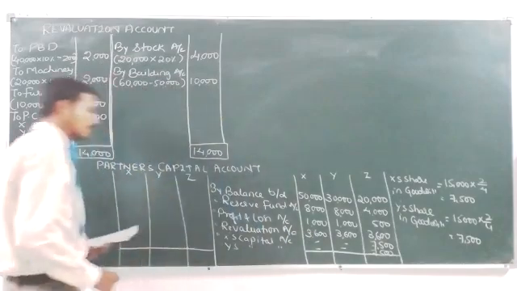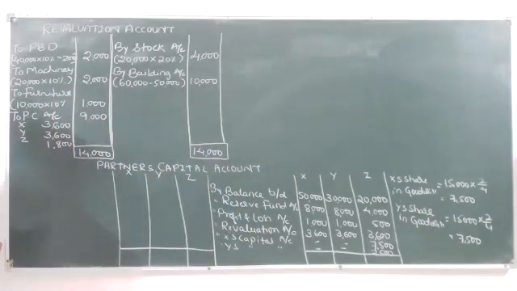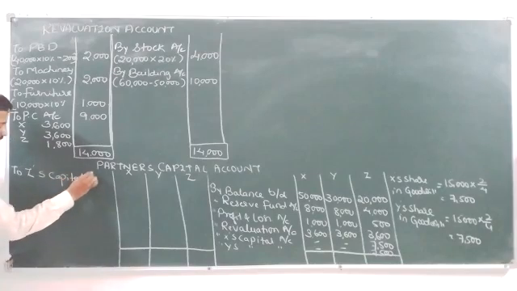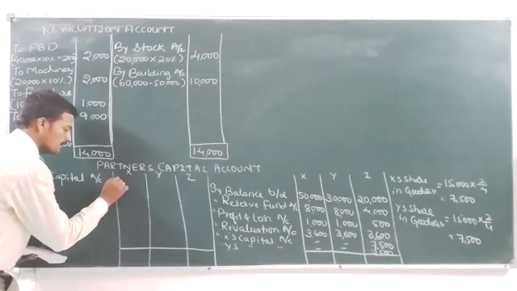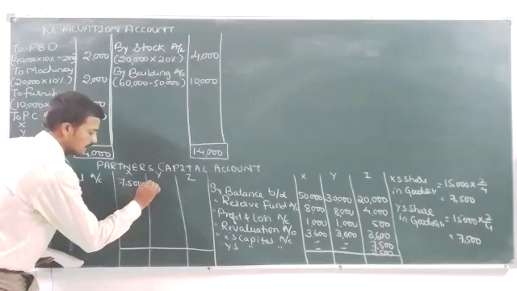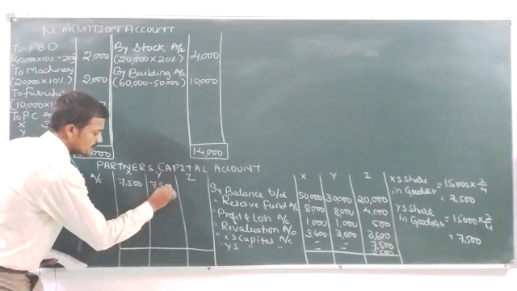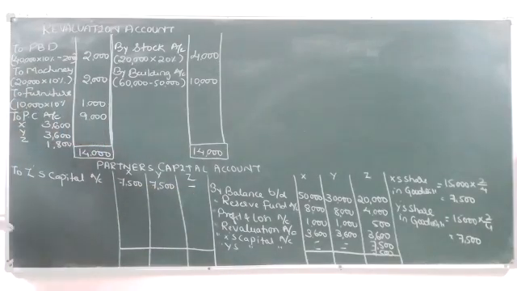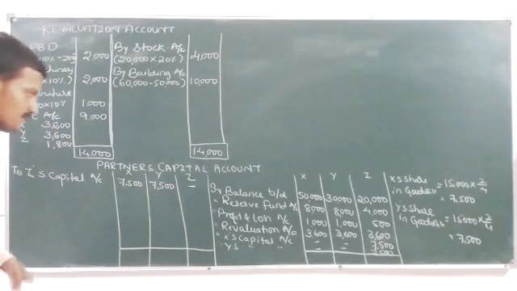Oh, sorry, one more thing we missed. Here we need to write Z's capital account. In the X column 7,500, Y column 7,500, and in Z column dash.